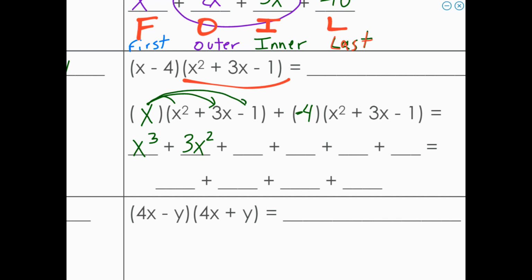All right, x times negative 1, it's negative 1x. Okay. Then I've got negative 4 times x squared, negative 4x squared. Negative 4 times 3x, negative 12x.